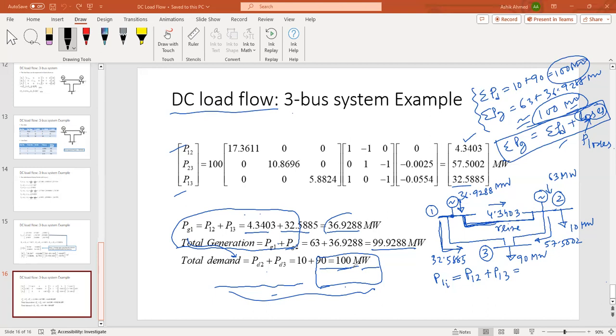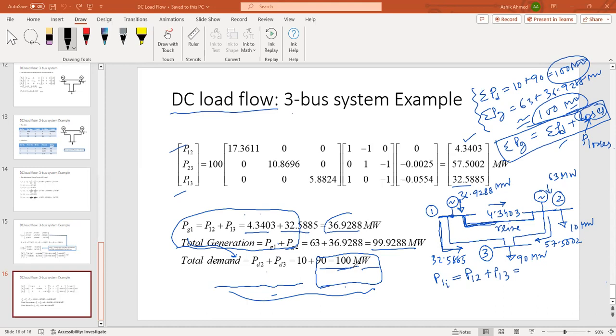Because we adopted some simplifying assumptions on the actual formulation of AC load flow to reach the DC load flow formulation, we can say that this is an approximated result. But in cases where we need a very quick solution, an approximate solution is enough for our decision making. In those cases, we can adopt DC load flow.